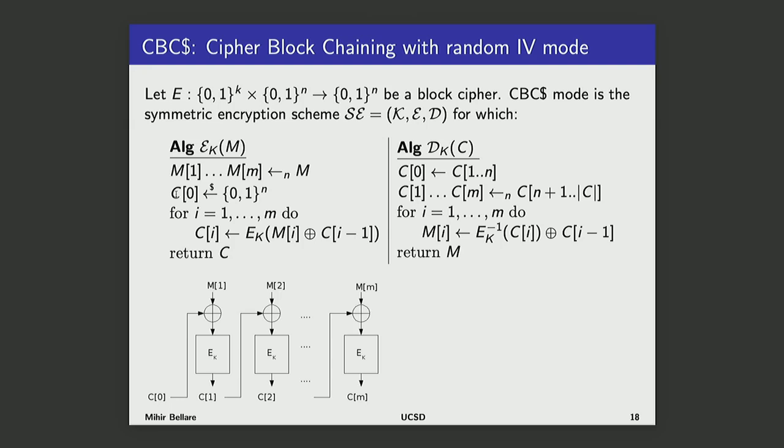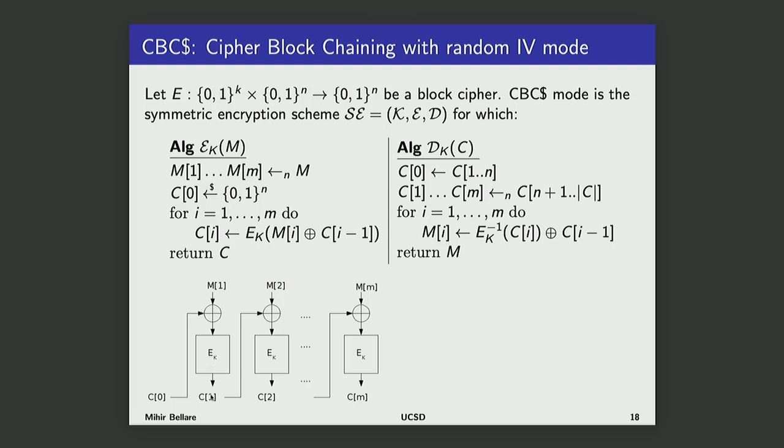The way that happens is encryption here will pick a random n-bit string. So remember, for n equal to 128, that's our random 128-bit string, and so that means there's a ton of possibilities, 2 to the 128. And that string is stuck here. Then that string is XORed with the first message block, and the result is pushed through the block cipher to get C1. All that uses this key.